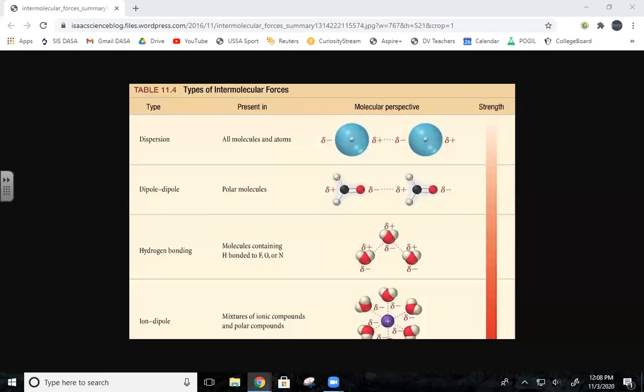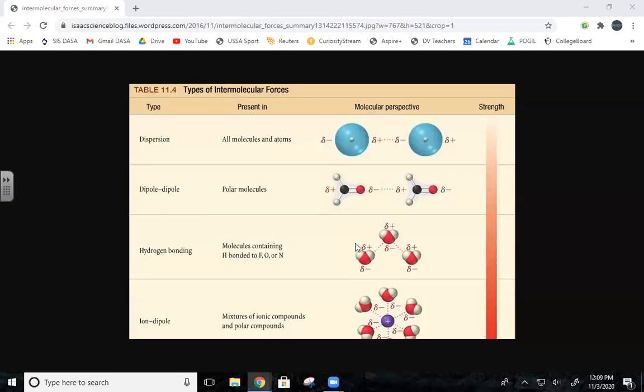All right, so last one, ion dipole. Ion dipole, which makes a lot of sense. Here we have a bunch of water molecules. A water molecule is a polar molecule, right? Hydrogen bonding is a type of dipole-dipole.